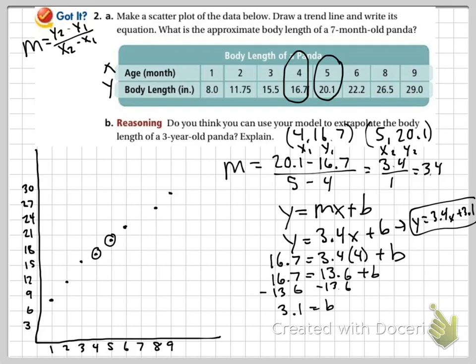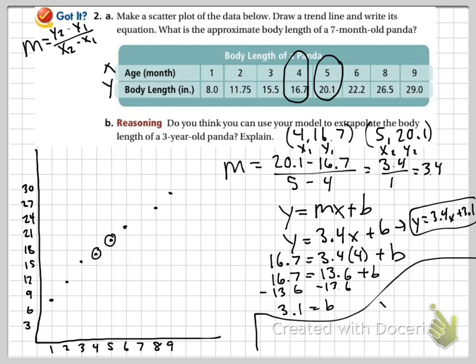And then they ask, what is the approximate body length of a 7-month-old panda? So we didn't have a data point for 7, and we're going to try to figure it out. This is going to be interpolation because it's inside of the data. So I'm going to use that equation and plug in 7.